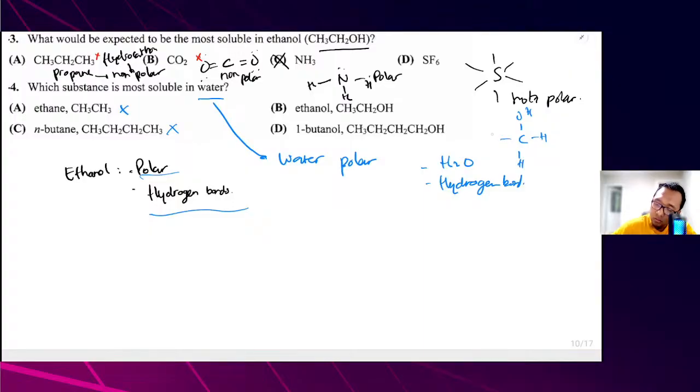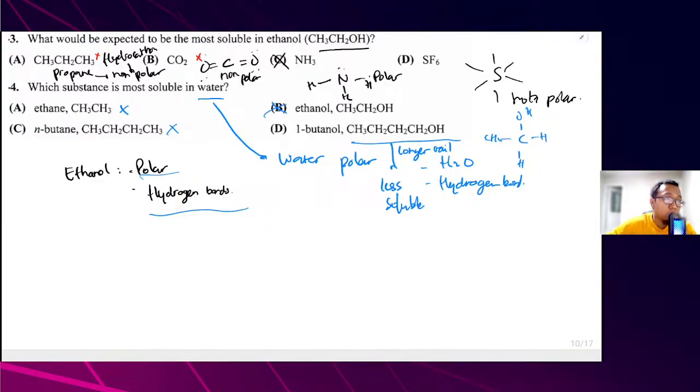So this is CH2. Butanol has a longer tail, or longer chain, so this one is less soluble. The question is which one is the most soluble.